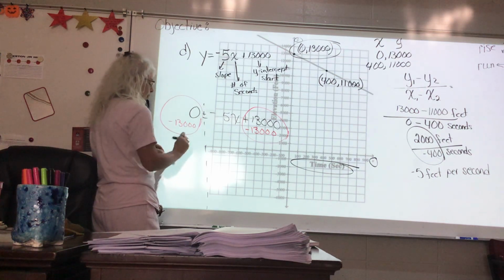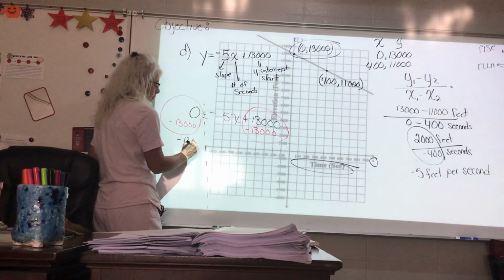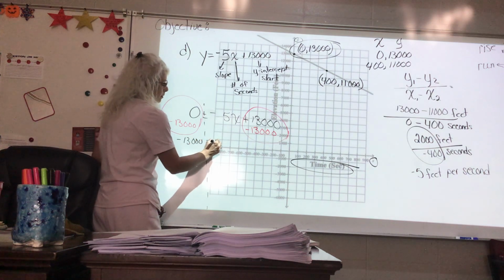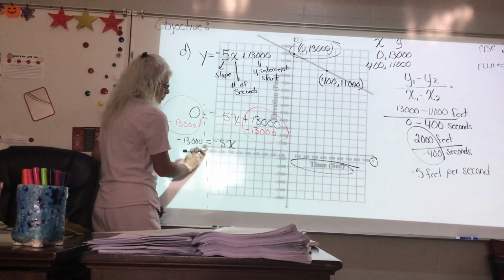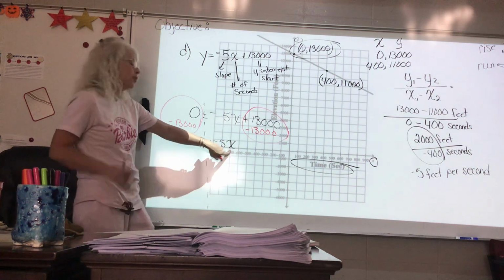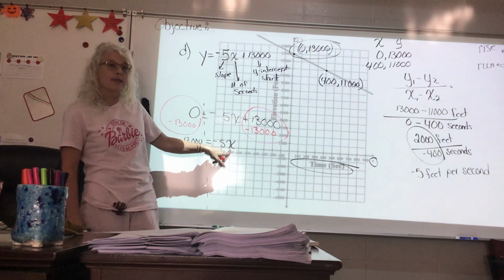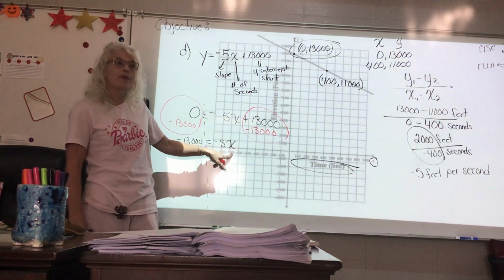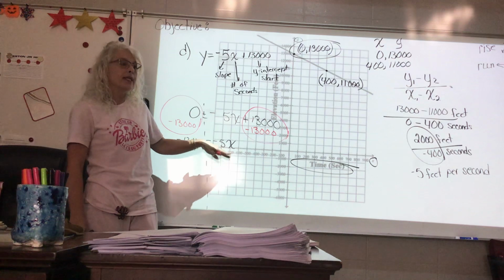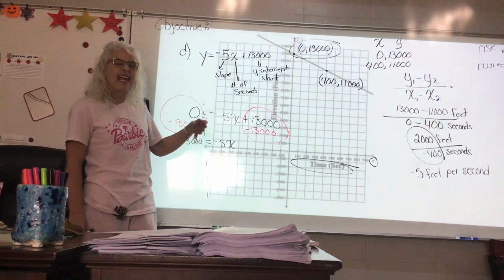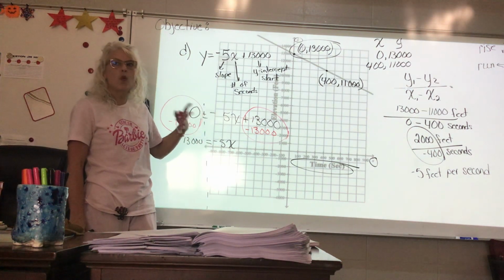Combine your like terms. Now, put your finger back on the variable. Notice we just have a one-step equation. Is the variable isolated?